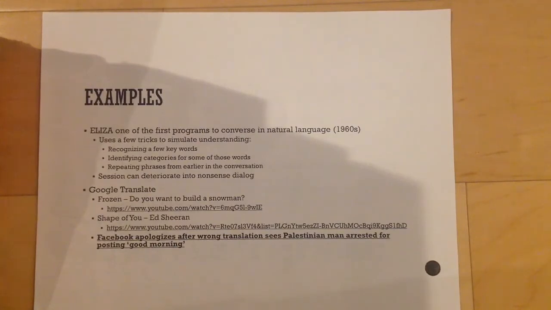For an early program, it does all right, but sooner or later it deteriorates into nonsense dialogue. That's the problem most of these things have: they might keep it up for a little while, but the longer the conversation goes, the easier it is to tell that this person really isn't understanding.